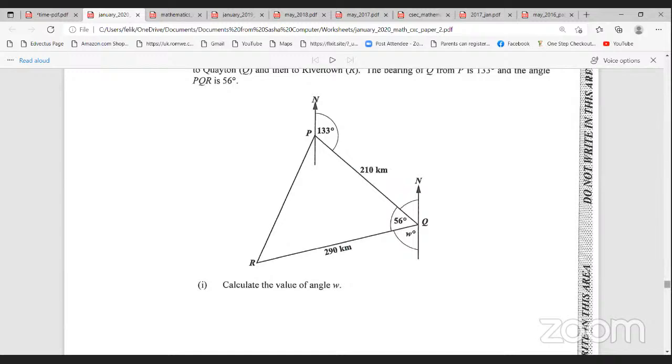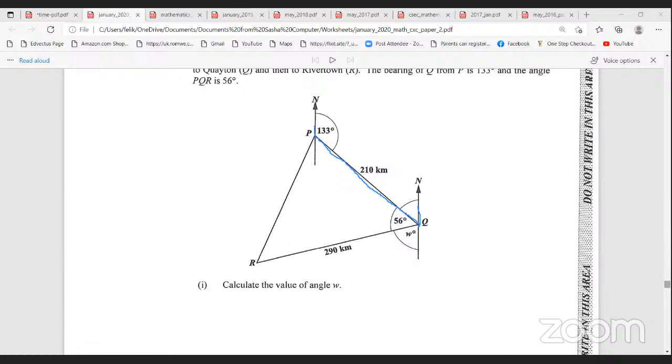Miss, you said it's from P to Q, so I start from here and go down, and this is where I would write my angle.